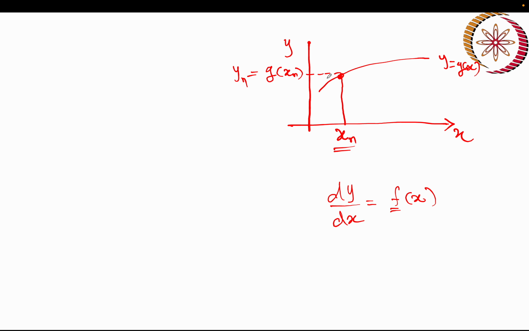In the Euler method, we approximate this curve by the tangent. Let's say we want to find the value of y at the xn plus 1 location.